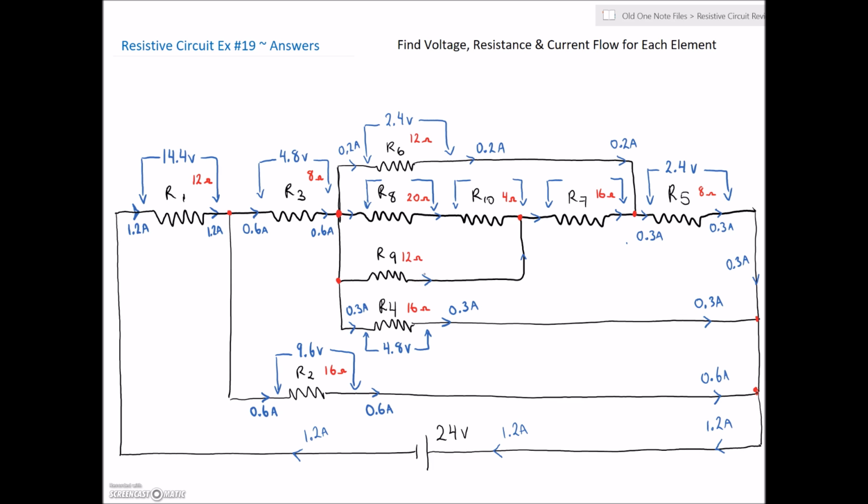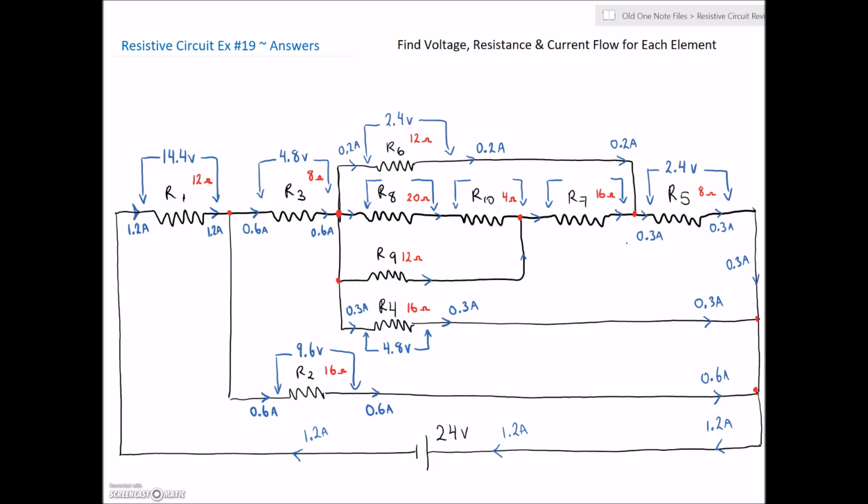So again, if we do that product over sum, 24 times 12 is 288 divided by 36. That's 8 ohms. So these guys right here are the equivalent of 8 ohms. Plus the 16 is 24. So really it's 2.4 volts across 24 ohms of resistance.